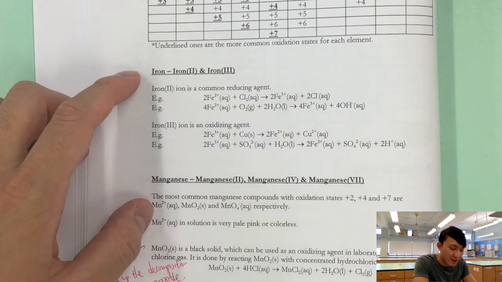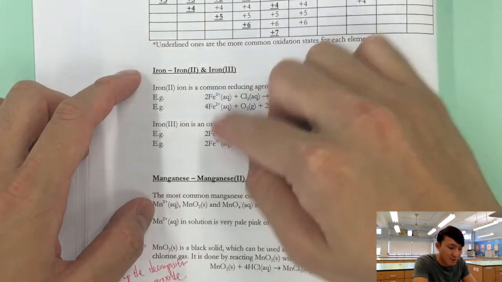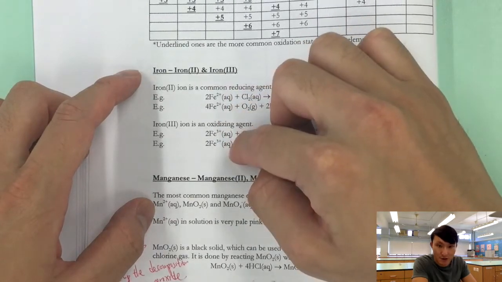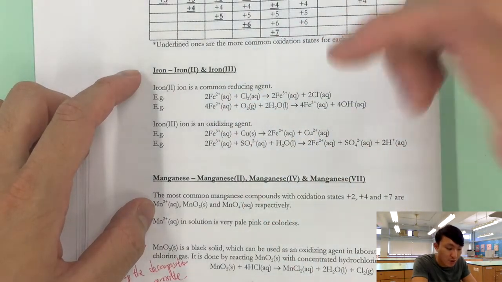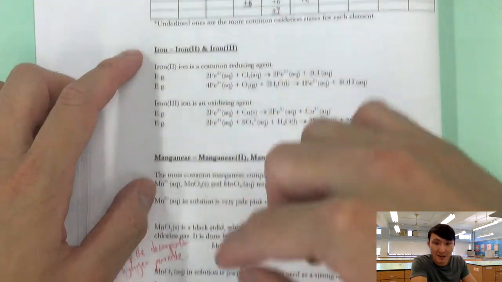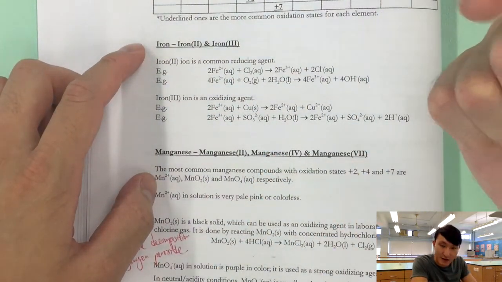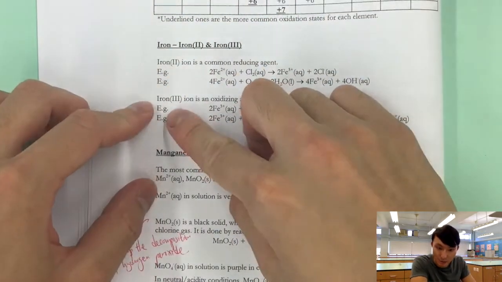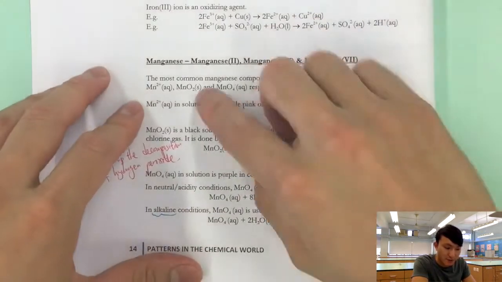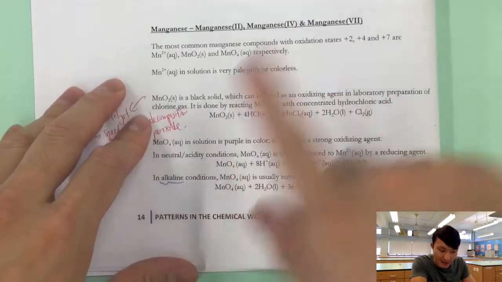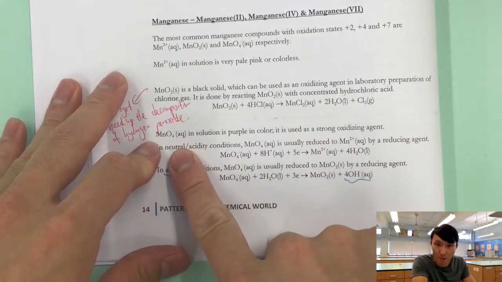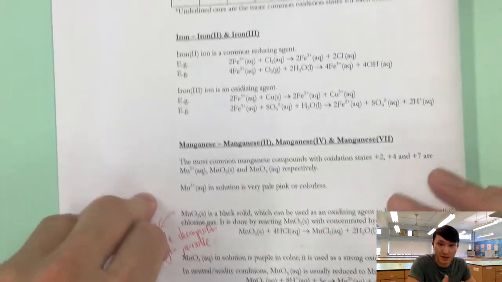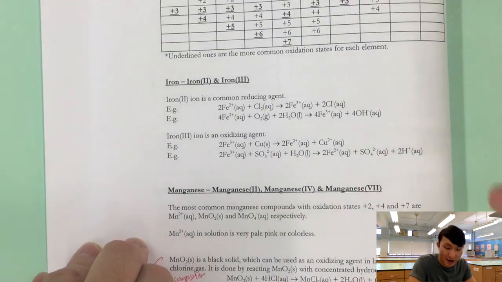Not only talking about the formula of the compound, with different oxidation states, but it also shows you the colored ions, right? They have different color. Fe2+, pale green. Fe3+, yellow or brown. Here, Mn2+, very pale pink. MnO2, black. MnO4- is purple. See? So these are good choices of examples to substantiate your answer.